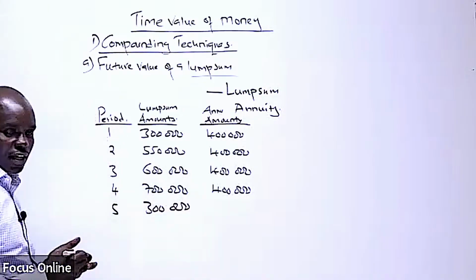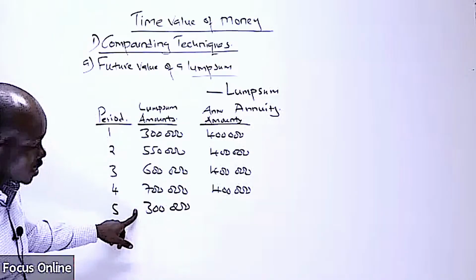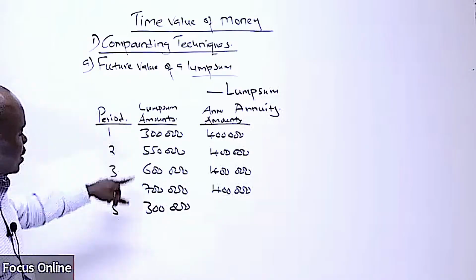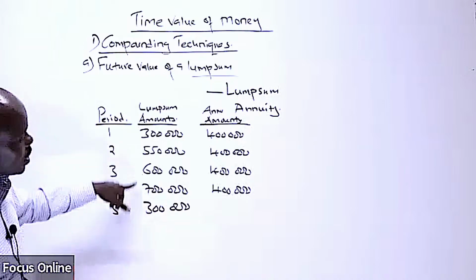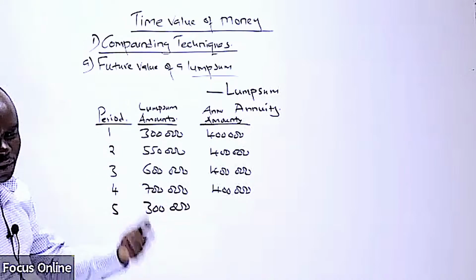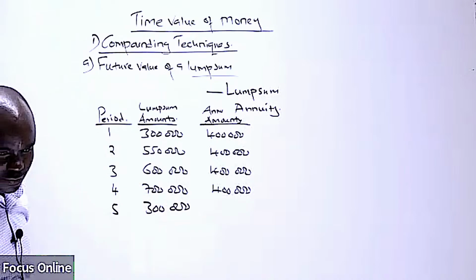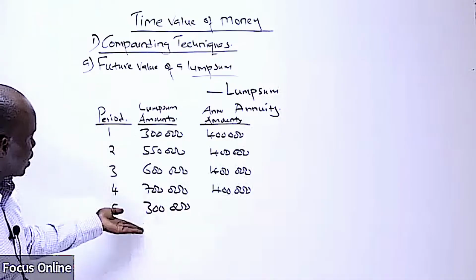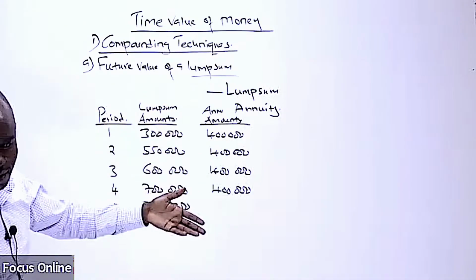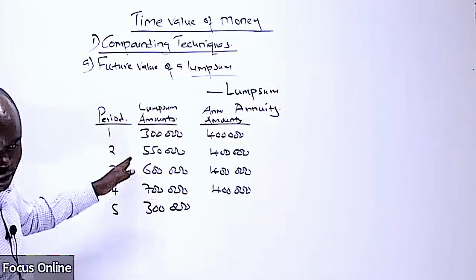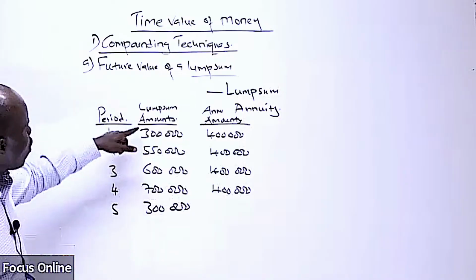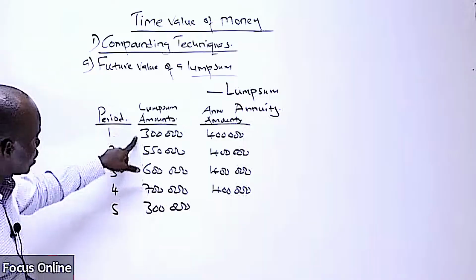You cannot say that since 300,000 is appearing twice, it is an annuity. No, it is not an annuity because it has not been received regularly. You received 300,000 after other cash flows. Are we together? So all these are lump sums.